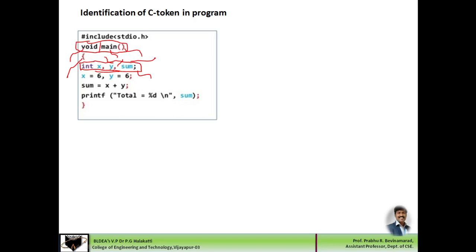All these are what we call C tokens, and they belong to different types.